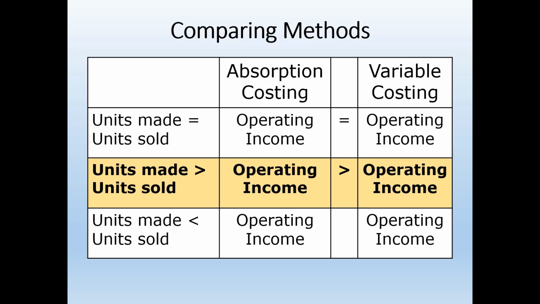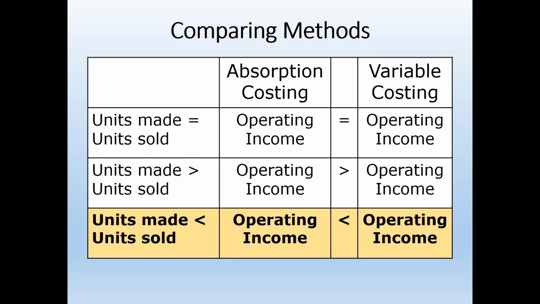When the firm makes more units than it sells, then operating income will be greater under absorption costing than it will under variable costing, because under absorption costing, part of the fixed manufacturing overhead for the period becomes capitalized in the recorded cost of the ending inventory, so it doesn't show up on the income statement.